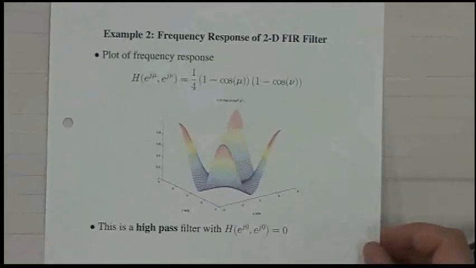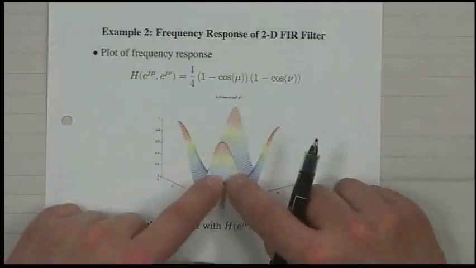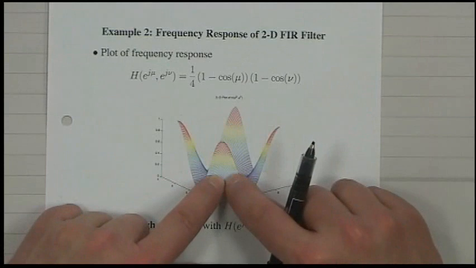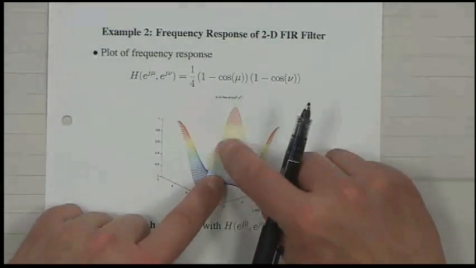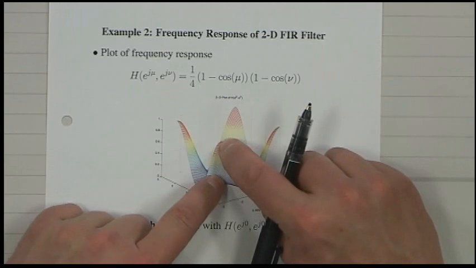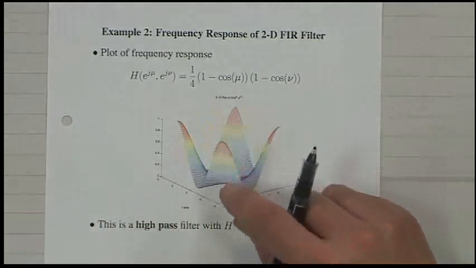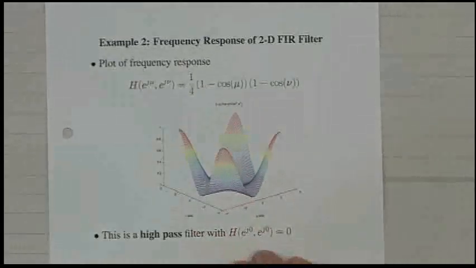Now, at 0, the gain is 0, see? And here, what's the gain at pi? It's 1, okay? And we can see that too because, here's some intuition.